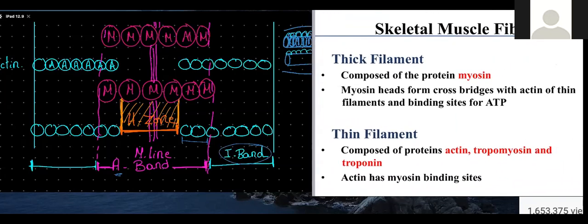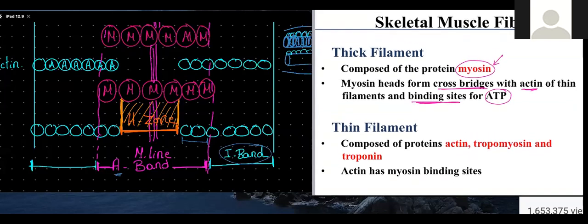Thick filaments are composed of protein subunits called the myosin. The myosin heads form cross bridges with actin of the thin filaments, and they have binding sites for the ATP to get attached.